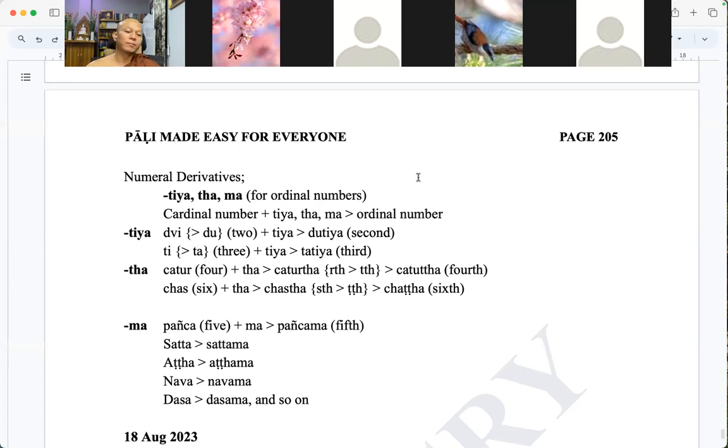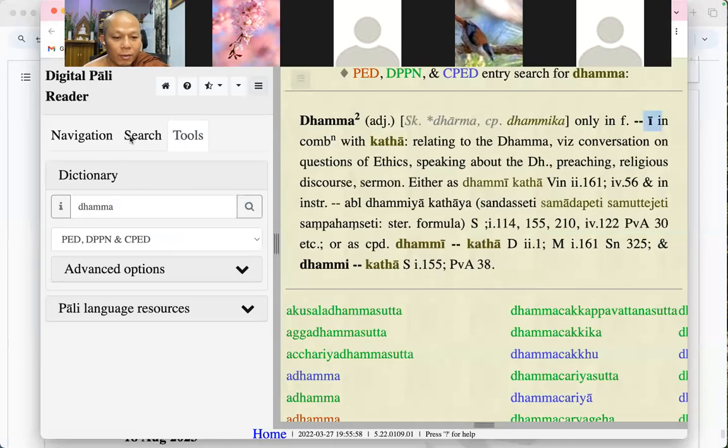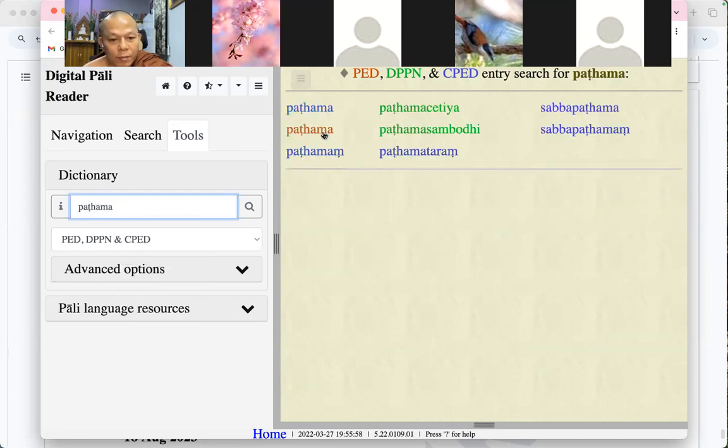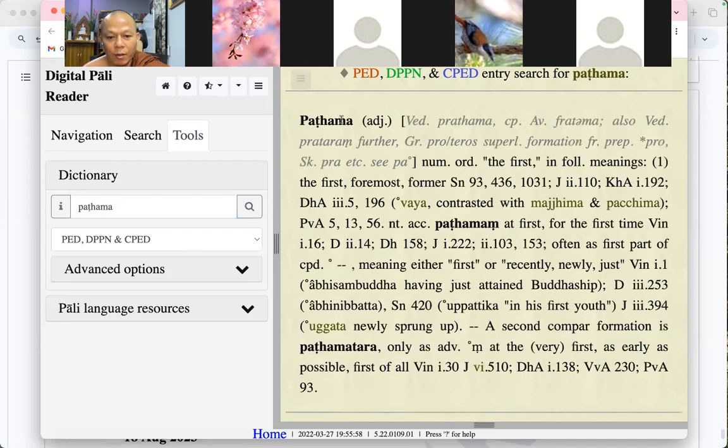So is it pata plus the suffix ma, like this one, Bante, or is it different? Not that way. Patama is just patama.